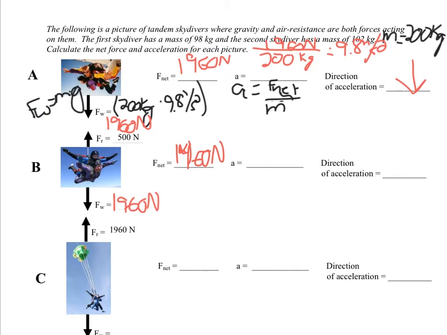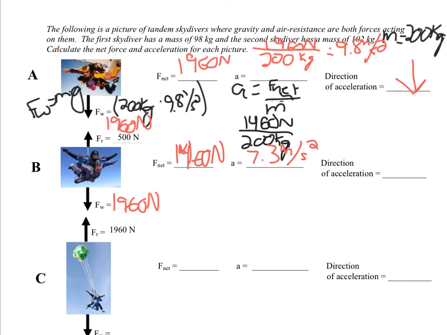To solve for the acceleration, you're going to take that net force of 1460 newtons divided by the mass of 200 kilograms, and this will give you an answer of 7.3 meters per second squared.